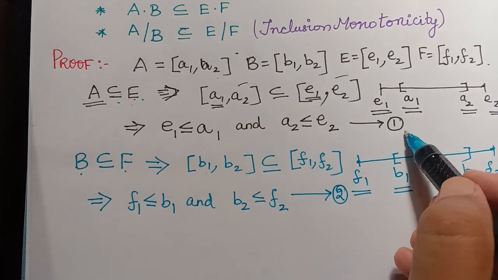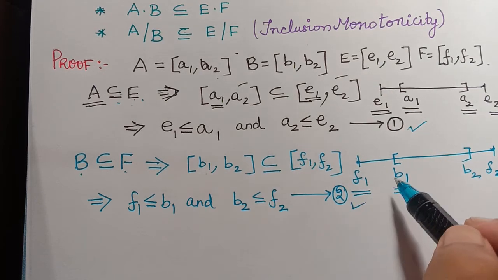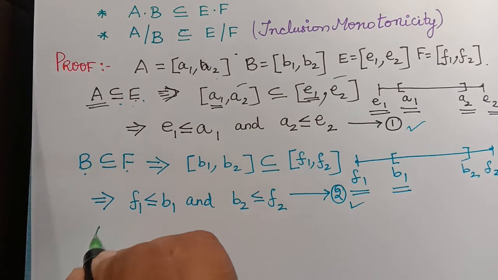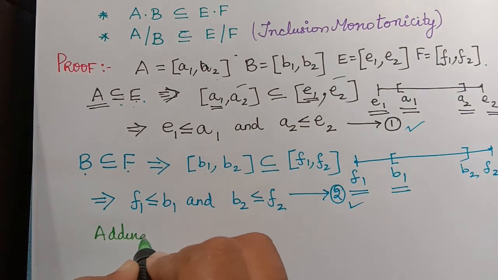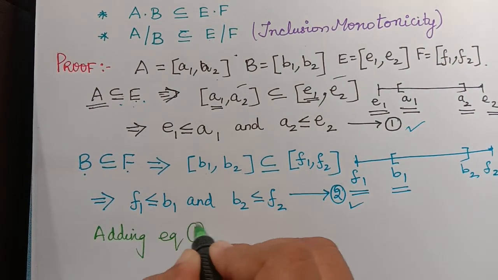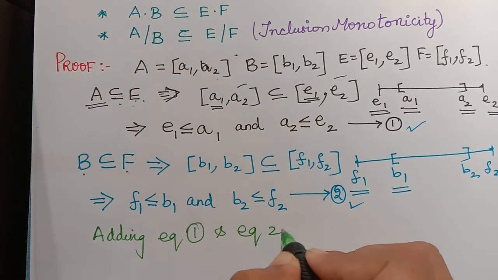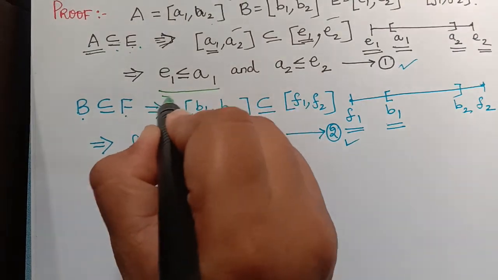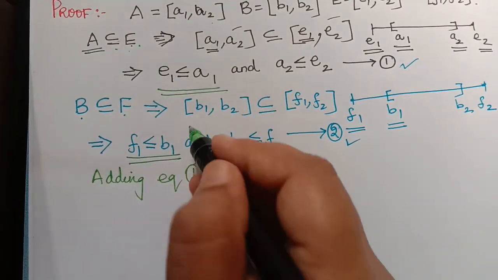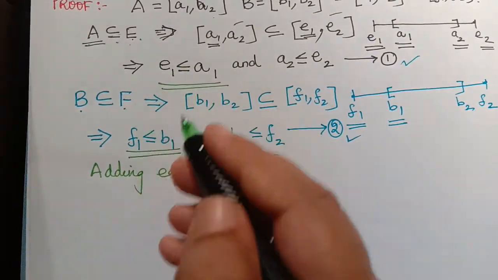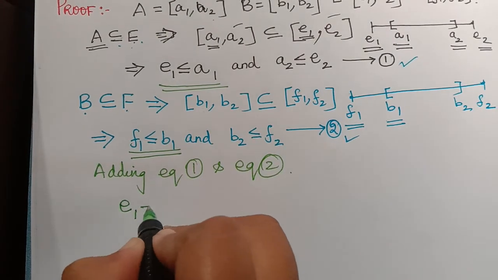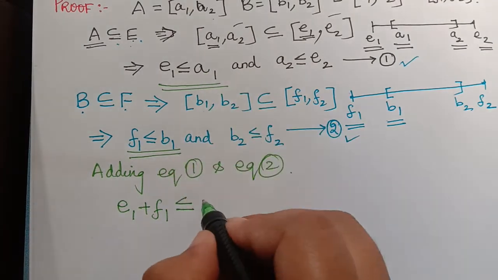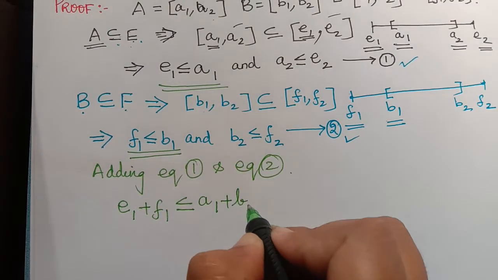Now let us compare equation 1 and 2, and take the sum of these two equations. So when we add, what do we get? First we add the left hand sides of the inequality, and we get E1 plus F1 lesser than or equal to A1 plus B1.